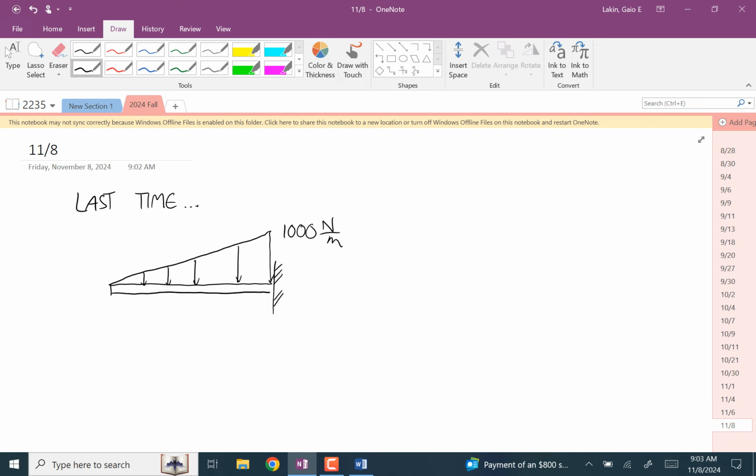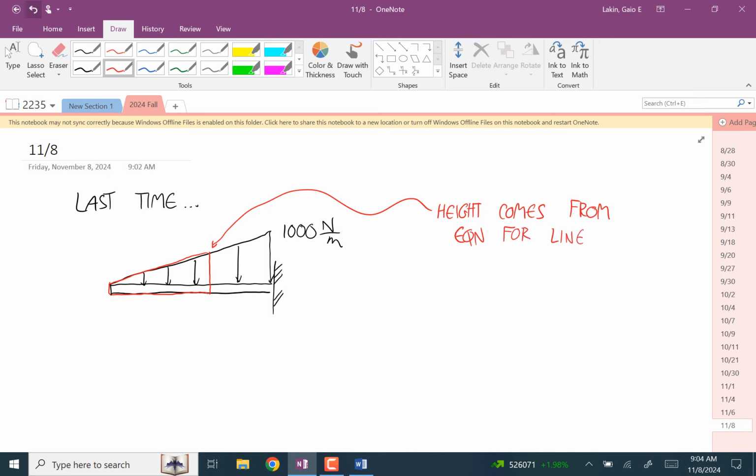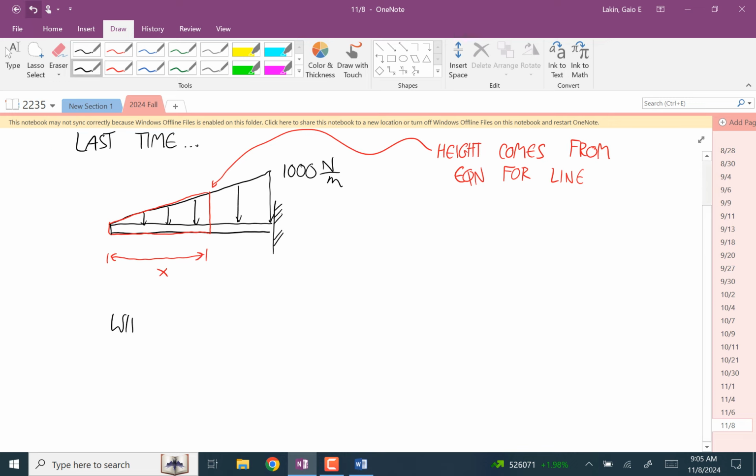The height of this point comes from the equation for that line. And then from that point on, everything you do is the same as a triangular distributed load when you're calculating external loads, but you just have to use these functions of x for everything. And this is x.